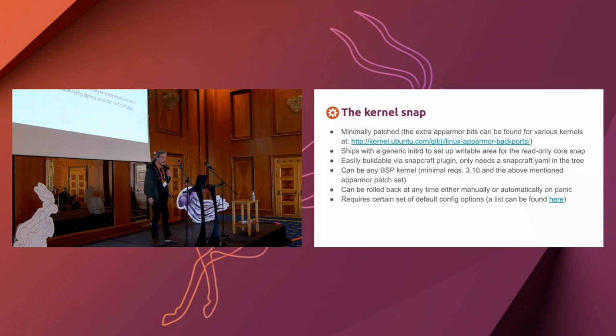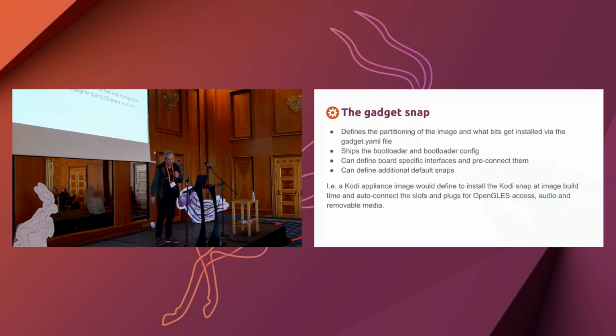Because snapd expects some defaults in your configuration, it will be necessary that you pick that list of config options to make the system work. The gadget snap, as I said before, is defining all that stuff.